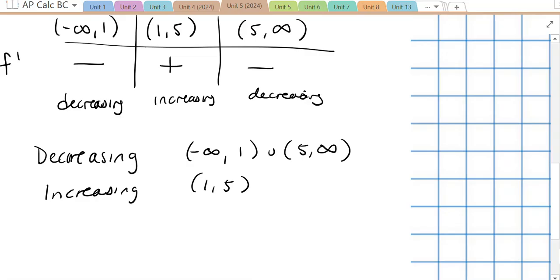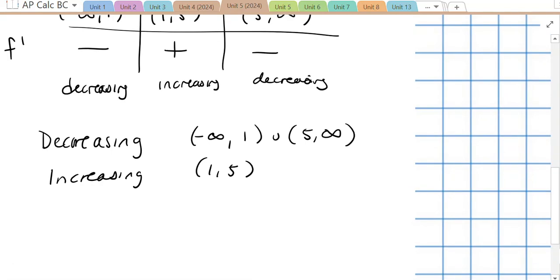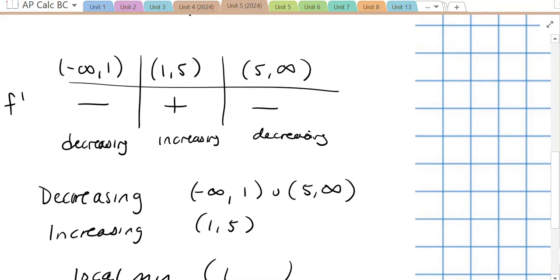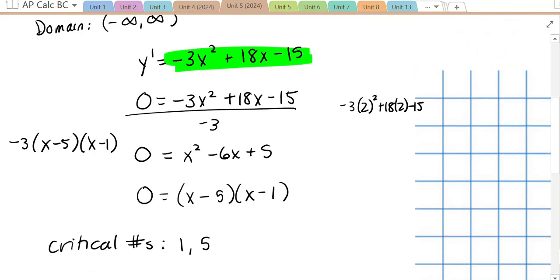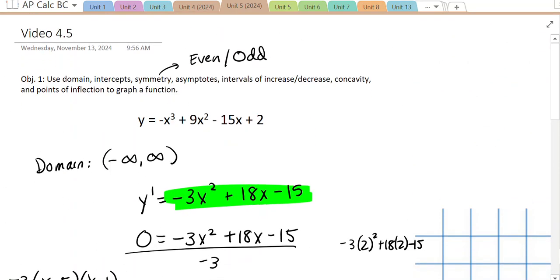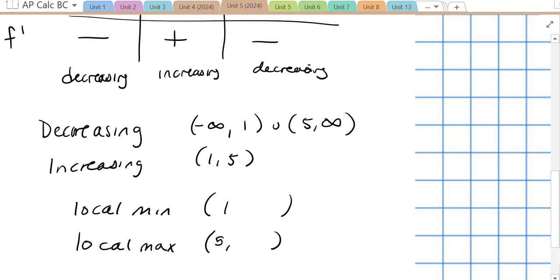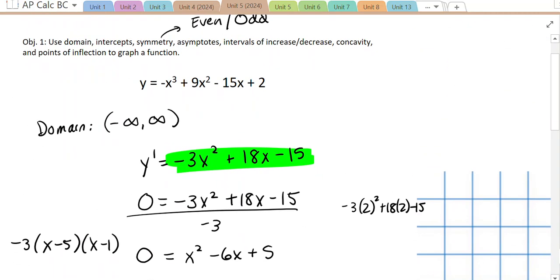This also means that by the first derivative test, since I'm changing from decreasing to increasing, I have a local min at 1 comma something, and as I'm changing from increasing to decreasing, that's going to be a local max at 5 comma something. Notice I left those y value coordinates blank, because I'm going to go back to my original function, y equals negative x cubed plus 9x squared minus 15x plus 2.